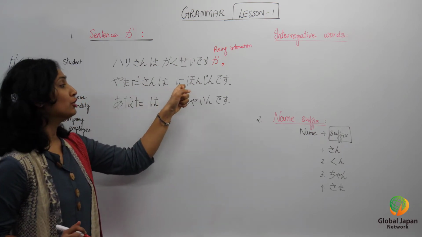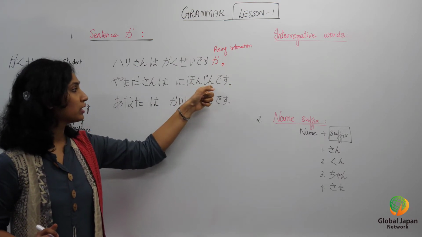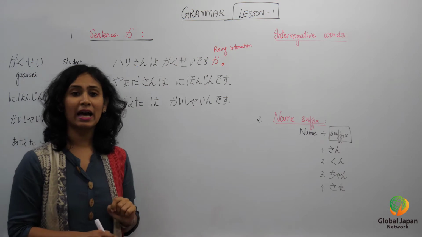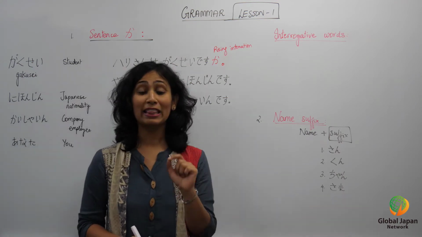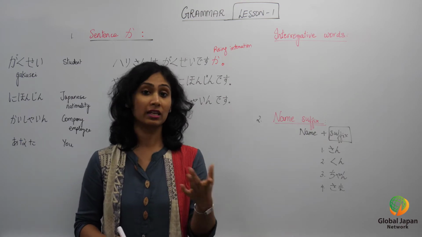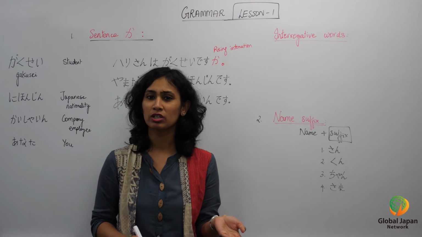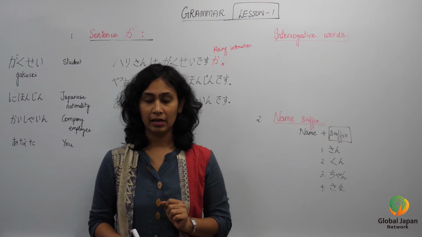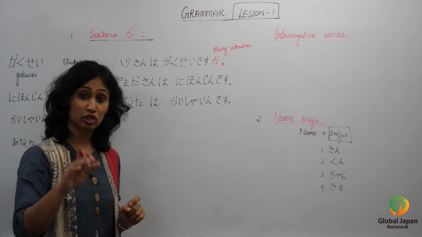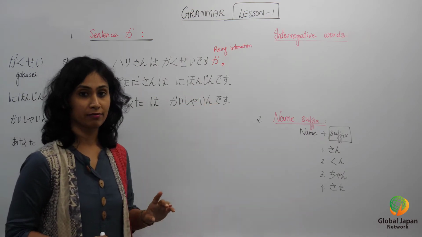Yamada-san wa Nihonjin desu. Nihonjin means Japanese. Previously, I had used another word, Indojin, where I had written Indo in katakana and Jin in hiragana. And what was the meaning I told you about Indojin? Indian. Nihonjin. Nihon is Japanese and very much a Japanese word, so it is not written in katakana but in hiragana itself.